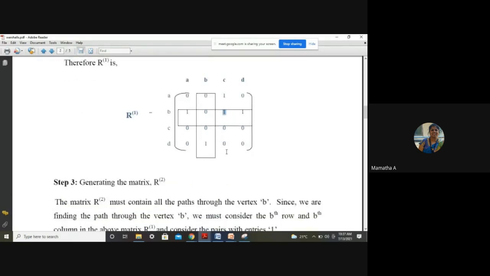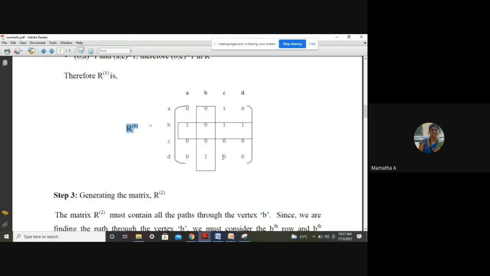To generate the matrix R2, it should contain all the paths through the vertex B. Only vertex B, because through A, R1 is already there. So I have to consider the paths through the vertex B. Since we have to consider the paths through the vertex B, which row and which column should I consider, students?